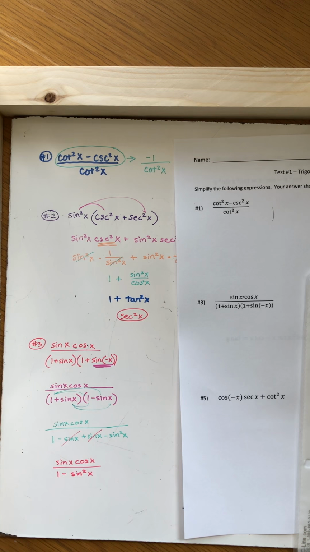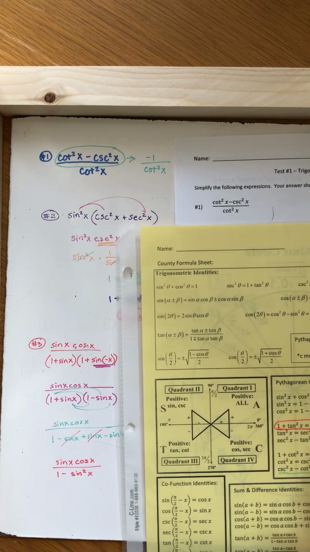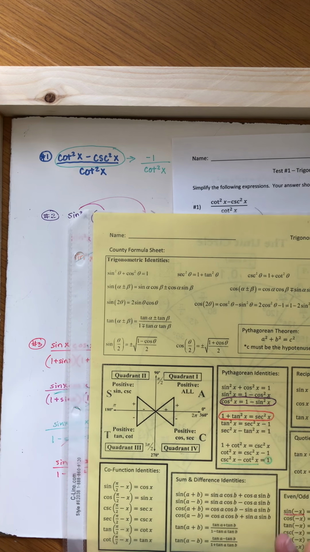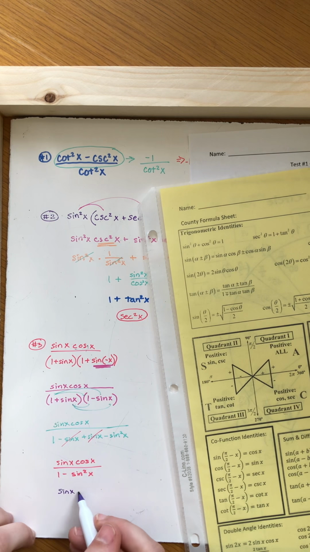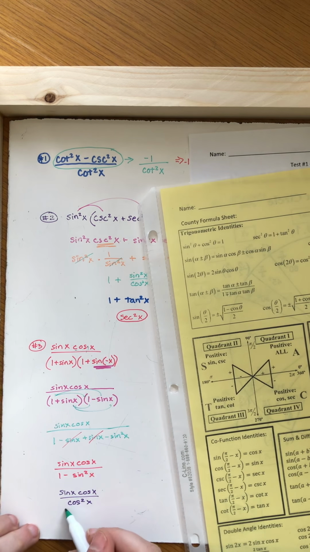And 1 minus sine x is a Pythagorean identity. That's right here. I don't know if you guys can see. It equals cosine squared x. So that is the same as me writing cosine times cosine at the bottom.